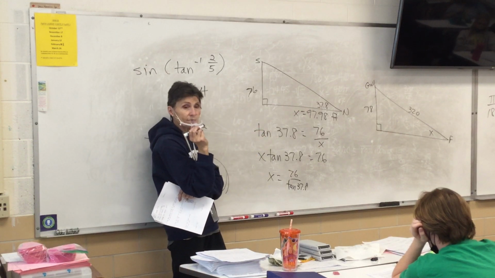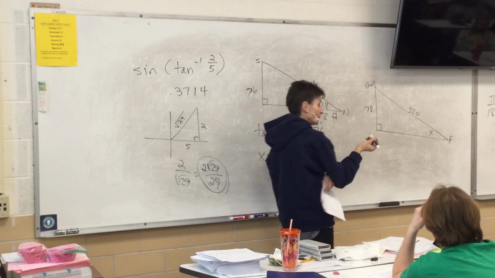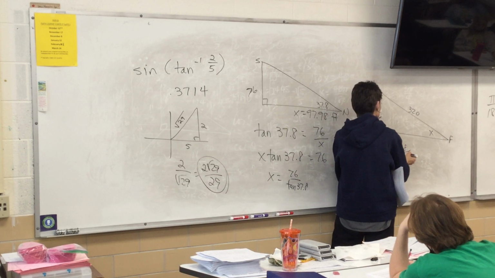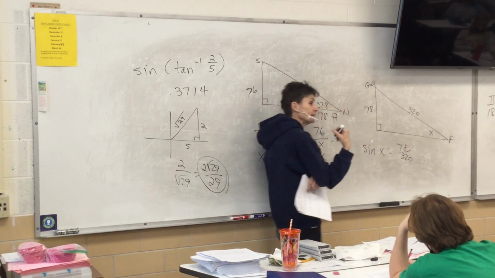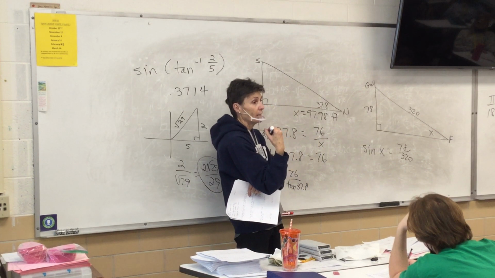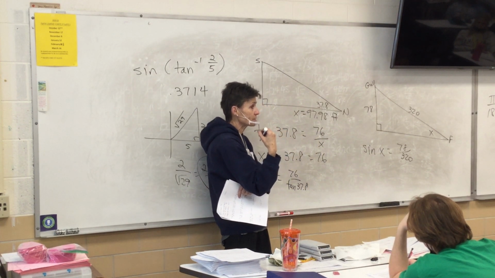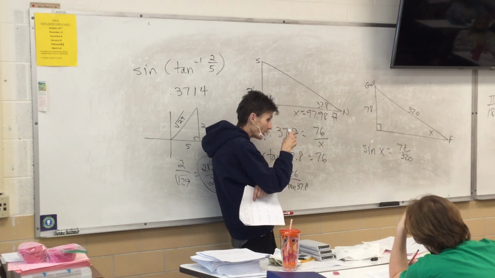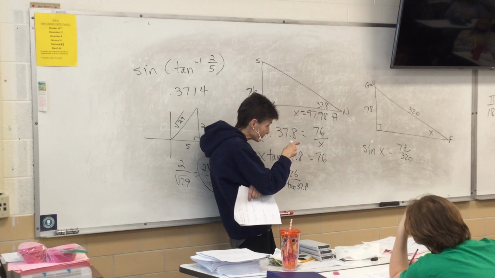Alright, so here we go. Sine, right? Sine, I gave it away. Sine x equals 78 over 320. How did I know sine? Opposite and hypotenuse are my sides. Now, how do I solve that? Look at it.